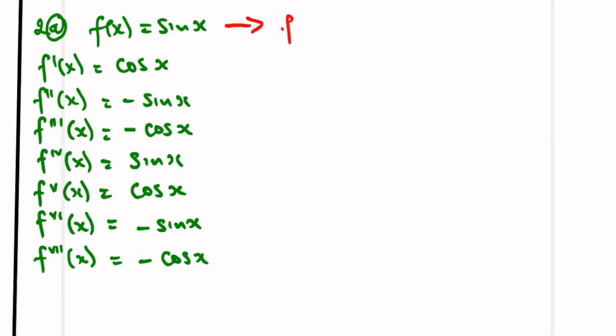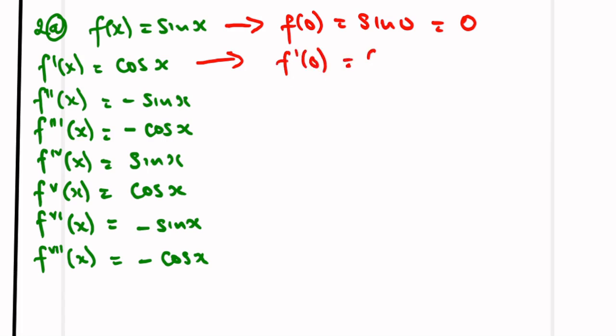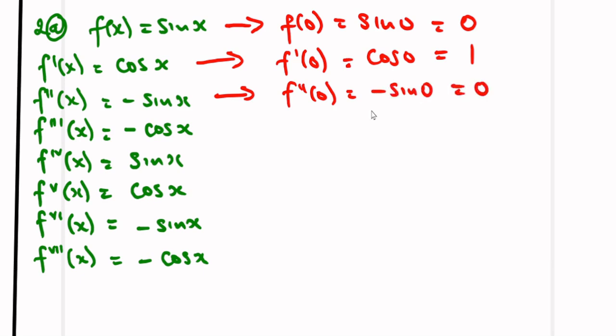So we have f of 0 is equal to sine 0. Just like I said, sine 0 is 0. You can punch this in your calculator. So f prime of 0 is equal to cos 0. Cos 0 is actually 1. Now the second derivative of 0 is equal to minus sine 0, which is also 0. The third derivative of 0 is equal to minus cos 0, which gives me negative 1.